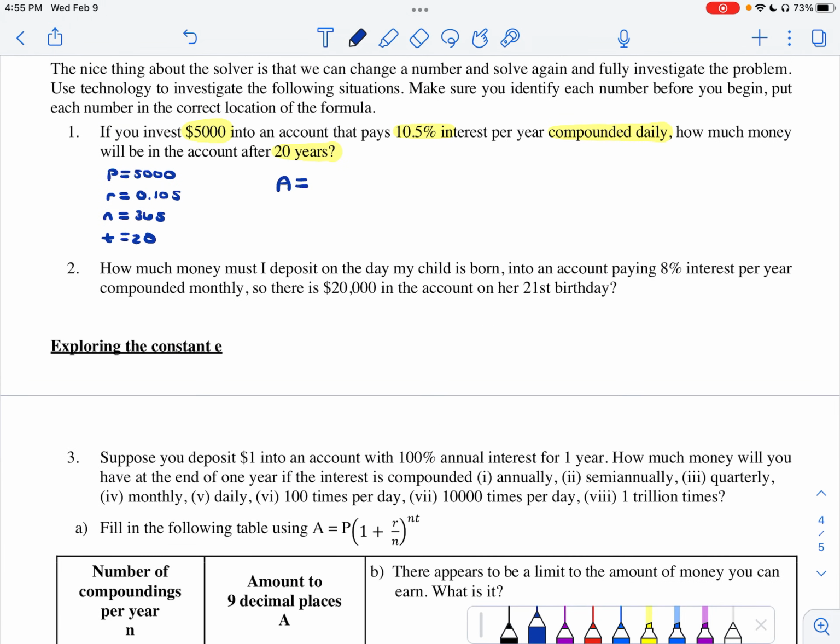So here, A would be equal to 5,000, and then in parentheses, 1 plus 0.105 over 365, end parentheses, and then raised to the power of 365 times 20. Okay, so I just plugged in the information that we had into the formula that we were given.